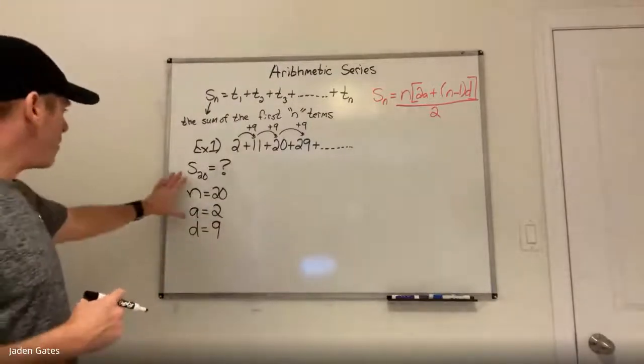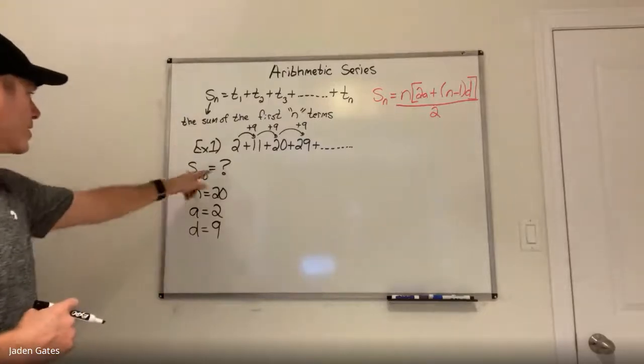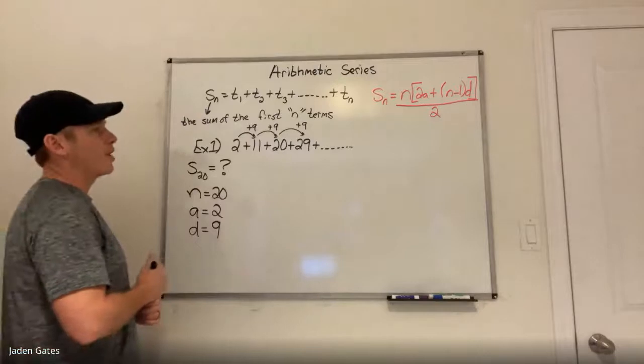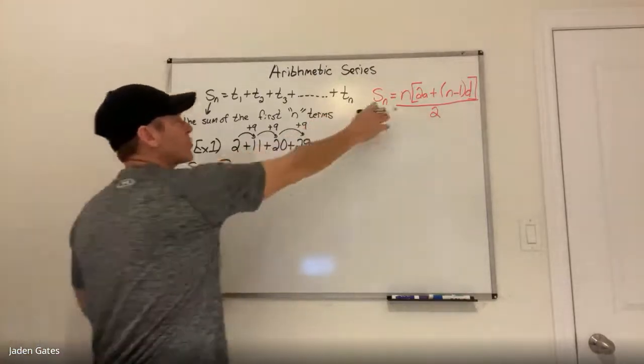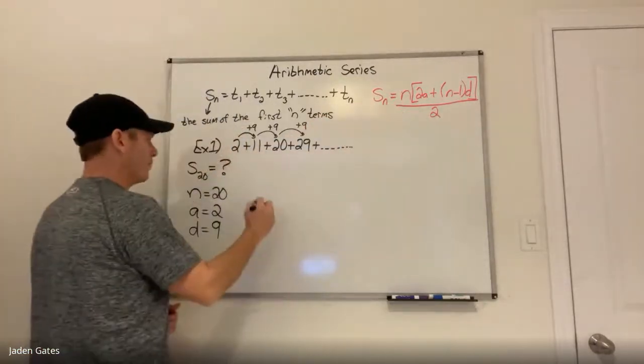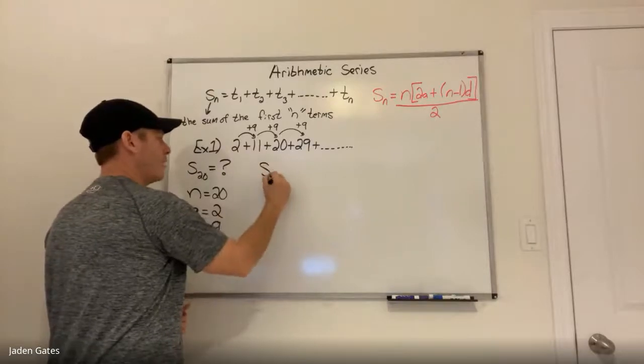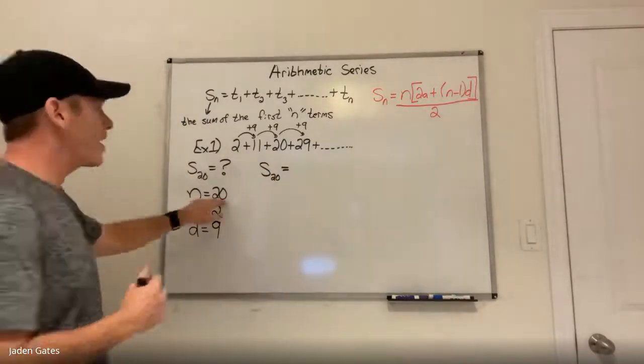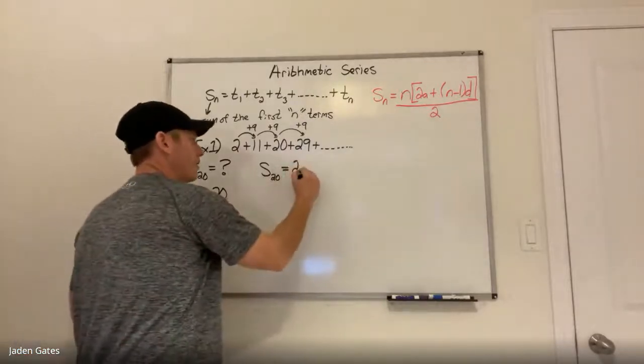All right, so now I have my variables, except for 1. That's something I mentioned many times in every math class: got to know them all but 1. And so I'm going to substitute into my summation formula over here. I'm looking for S of 20, the sum of the first 20 terms. My n value is 20.